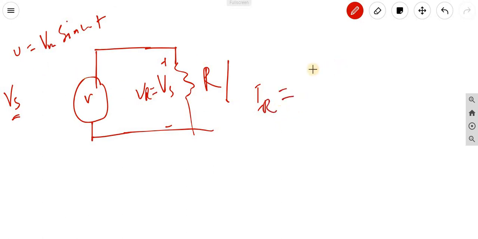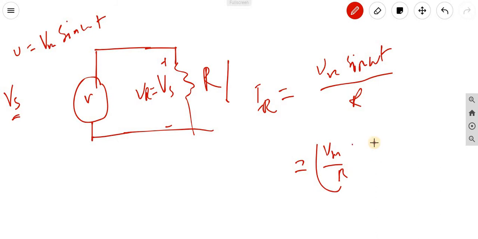Instantaneously, the current through this resistance is VR over R, which is Vm sin omega t divided by R. So IR is Vm by R sin omega t, where omega is the radial frequency.